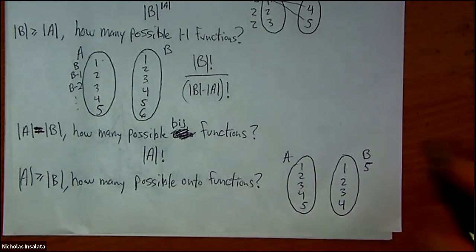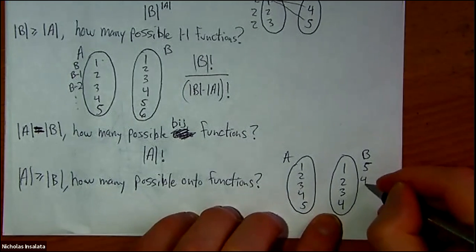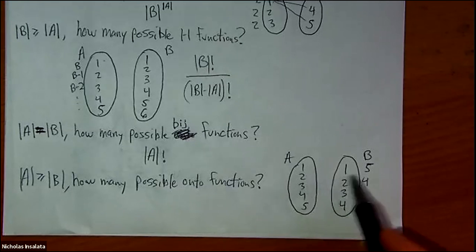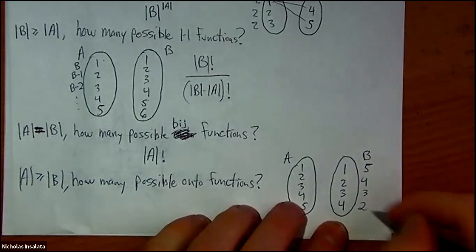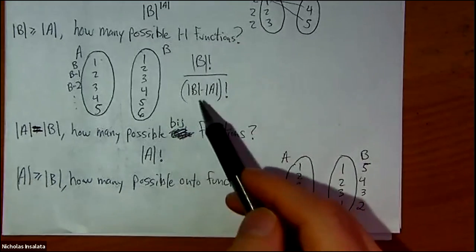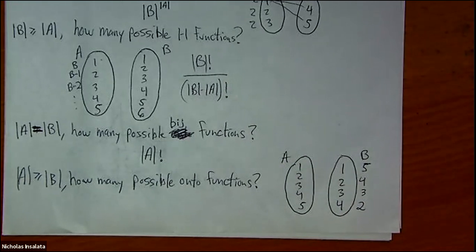Now we have 4 options because we've already picked one of the things to map over to the 1. So it looks like we have 5, 4, 3, 2, which is the reverse of what we had here. I guess that's what David was saying. The reverse of what we had here. But is that right?